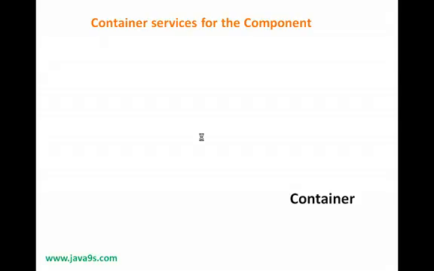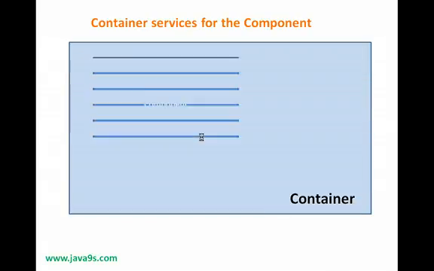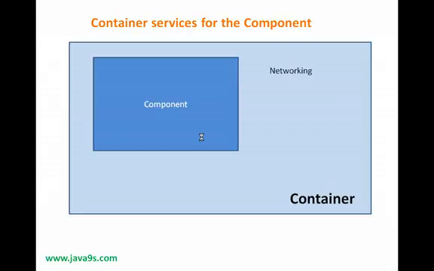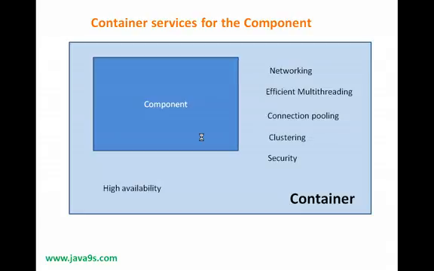So if you see here, the container gives features like networking, efficient multi-threading, connection pooling, clustering, security, high performance and high availability. The component inside the container uses this network infrastructure code to execute its business logic when the client requests.